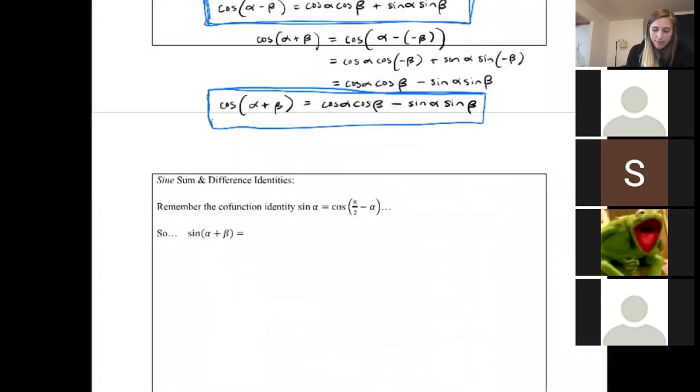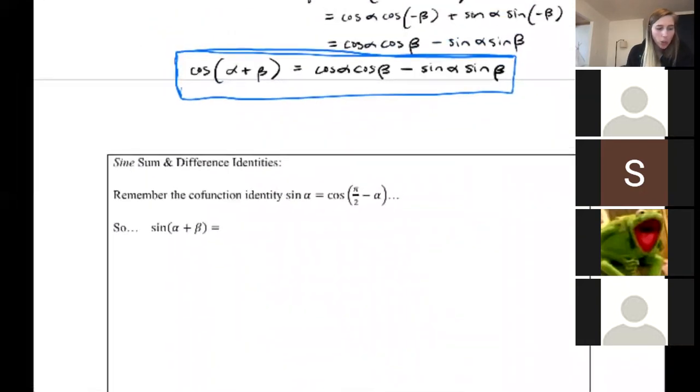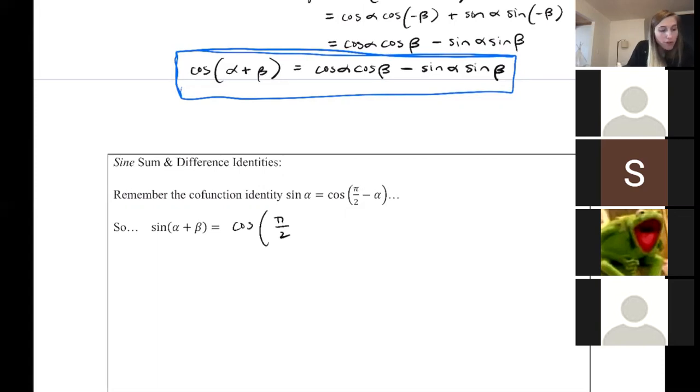Okay. So for the sine sum and difference identities, remember the cofunction identity that sine of alpha is equal to cosine of pi over 2 minus alpha? Well, that would mean that sine of alpha plus beta is equal to cosine of pi over 2 minus alpha plus beta, right?